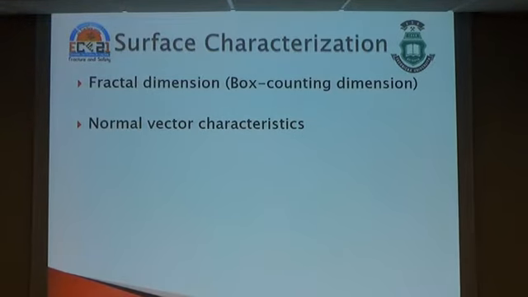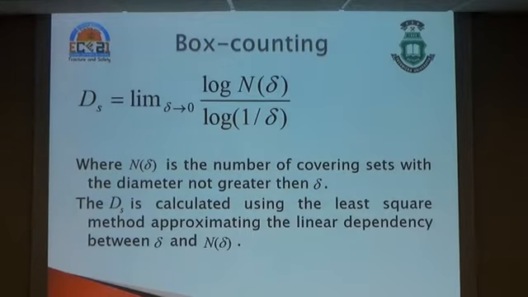Okay, so for describing the fracture surface, I will use the fractal dimension, the fractal geometry concept, and a new approach based on normal vector characteristics. I think the fractal geometry concept is quite well known. To estimate the fractal dimension, I use maybe the newest way to estimate it, the box counting dimension.